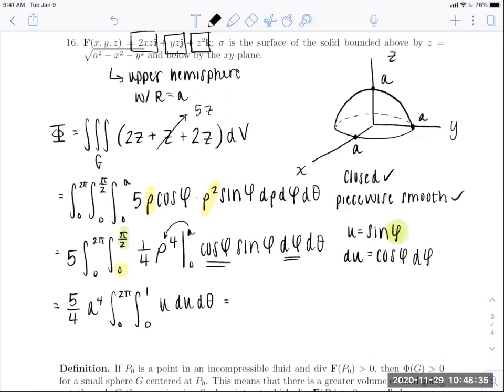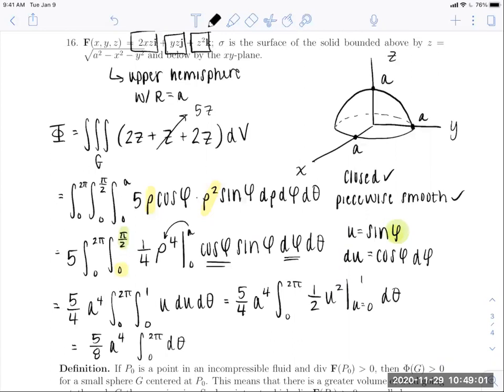So when I integrate with respect to u, I'm going to get 1/2 u squared. Whoops, that's an a to the 4th. Integral 0 to 2 pi, 1/2 u squared, where u is ranging from 0 to 1, d theta. And so that's just going to give me a 1/2. So I have 5/8 a to the 4th integral from 0 to 2 pi of d theta.